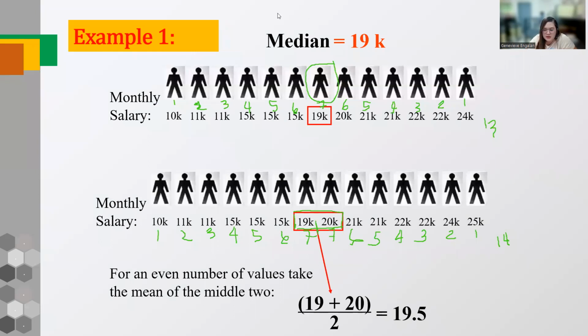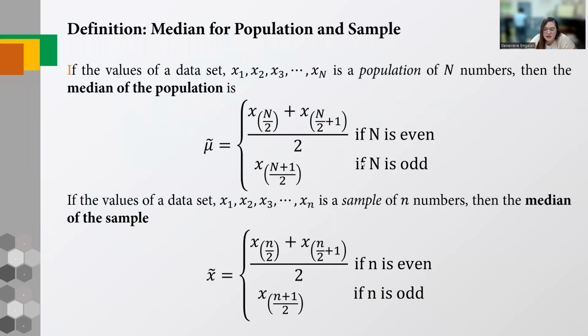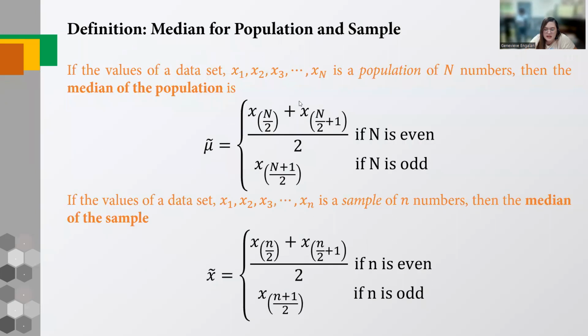Easy, no? So in general, instead of what I did earlier, counting one by one, this is the general way of getting the median. This is the notation for the median, this one is for the population median, and this one is for the sample median.